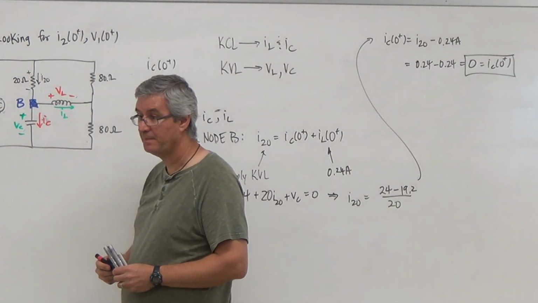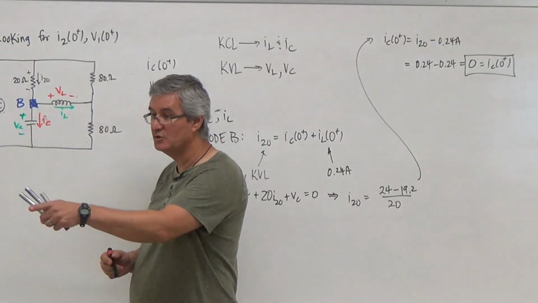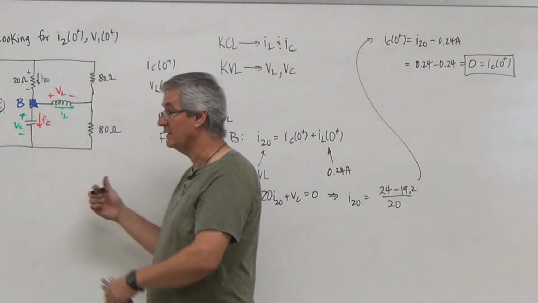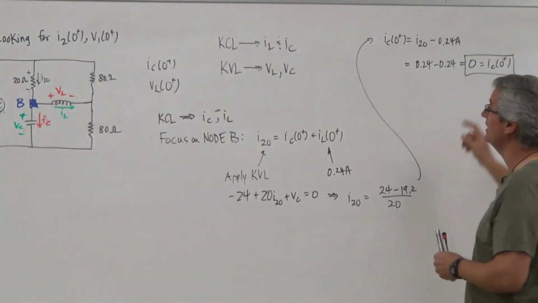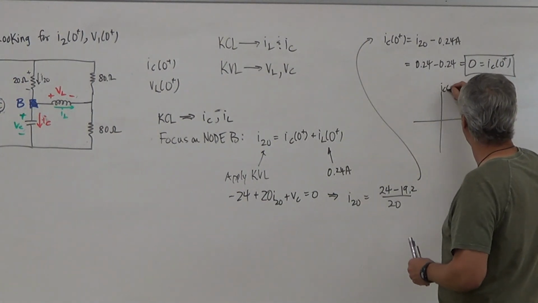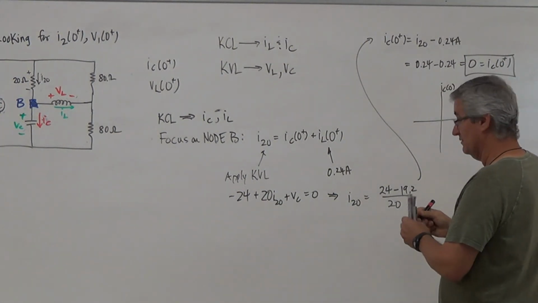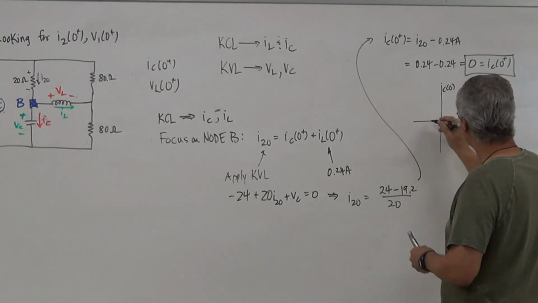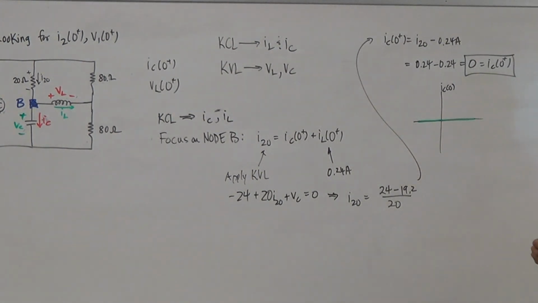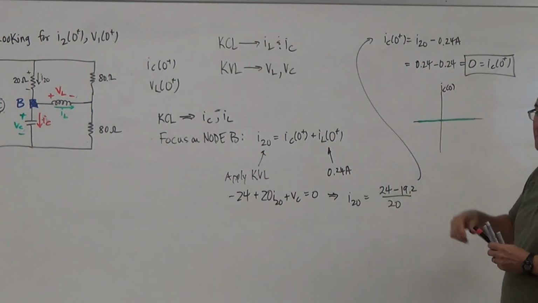I know it's going to change as time progresses. Remember, you saw in the previous example that that wasn't the case. It just turns out that this guy is not changing. So if I'm looking at the inductor current, it looks like it's literally 0 right before, and then it stays 0, which is unusual.